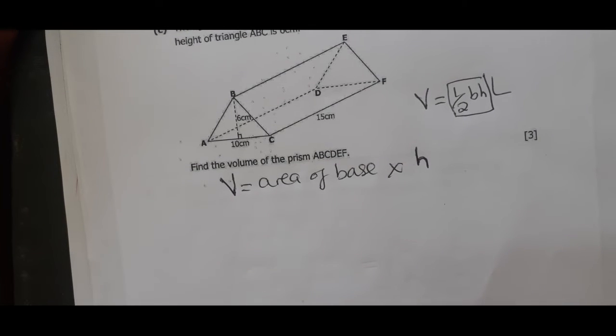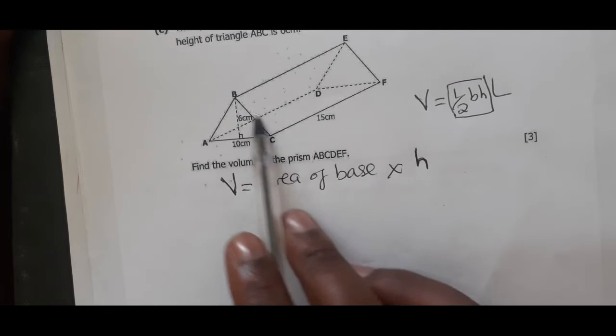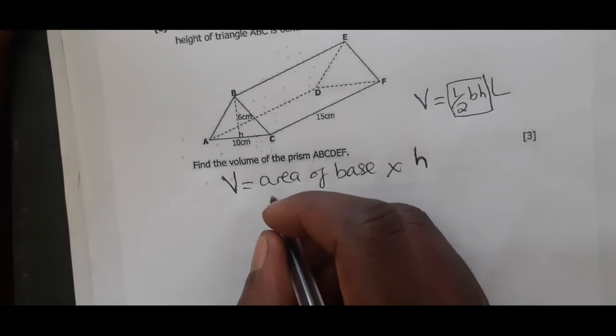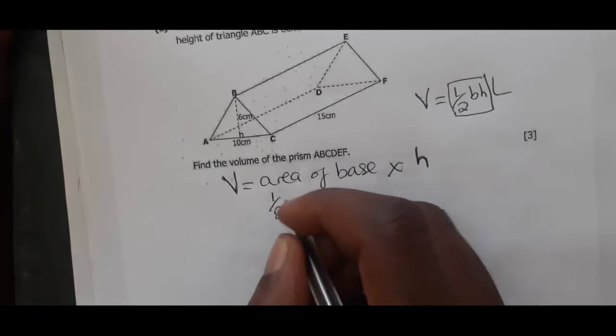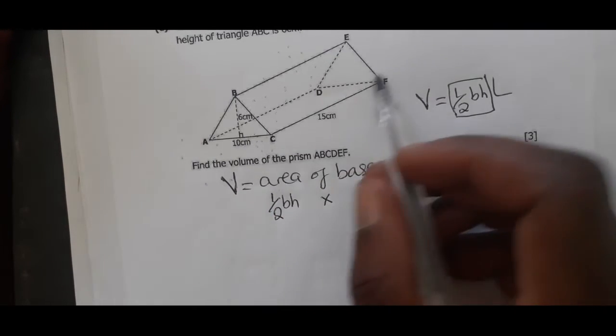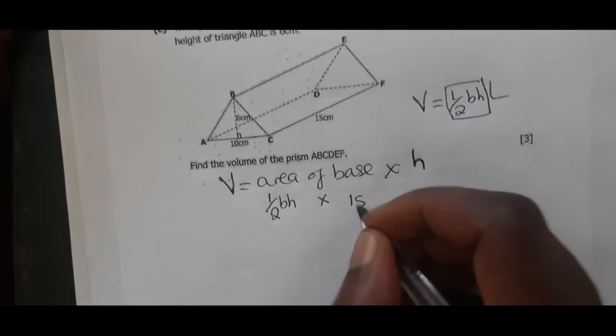So now the area of the base here is this triangle here. We need to find the area of this triangle. The area of a triangle is found by this formula multiplied by this length, which is 15.